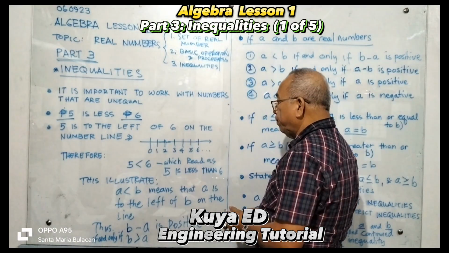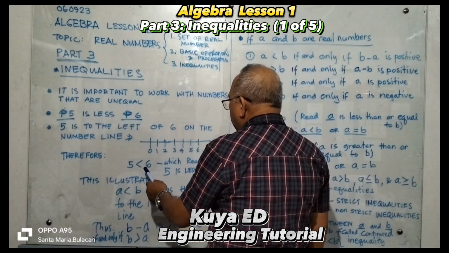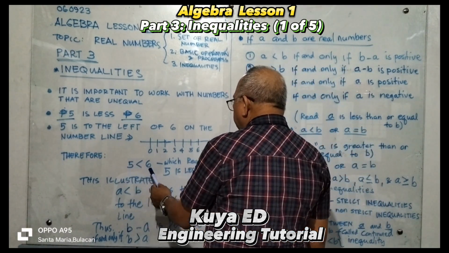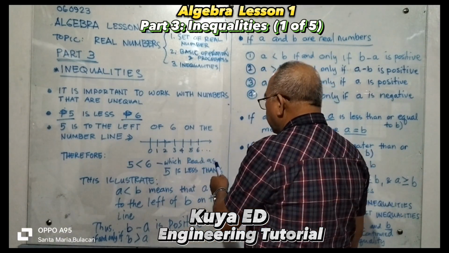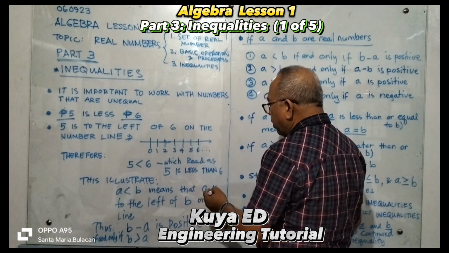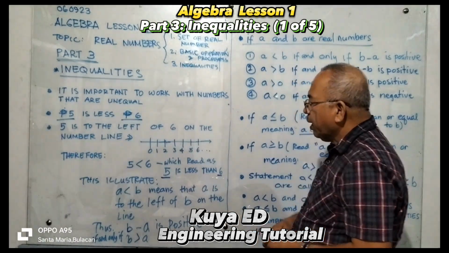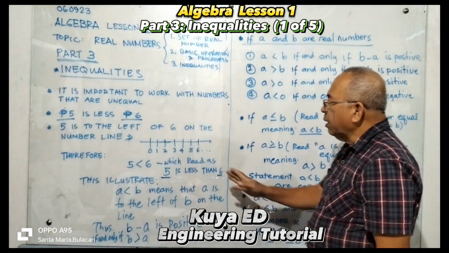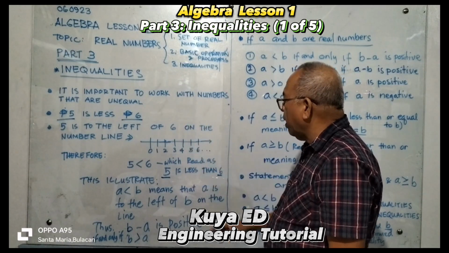Therefore, masasabi natin na 5 is less than 6. Yun po ang ibig sabihin. Kasi, kung ating tingnan sa line, nasa left side siya.